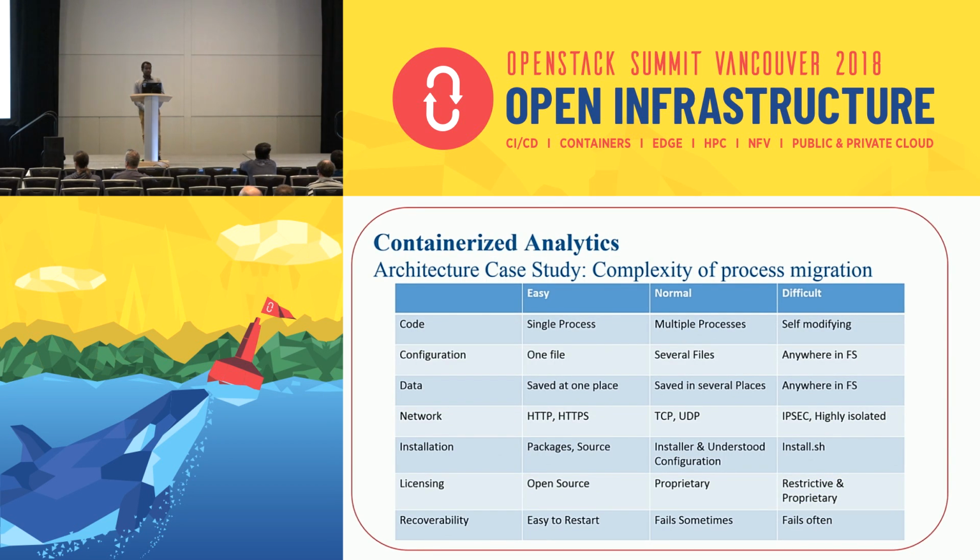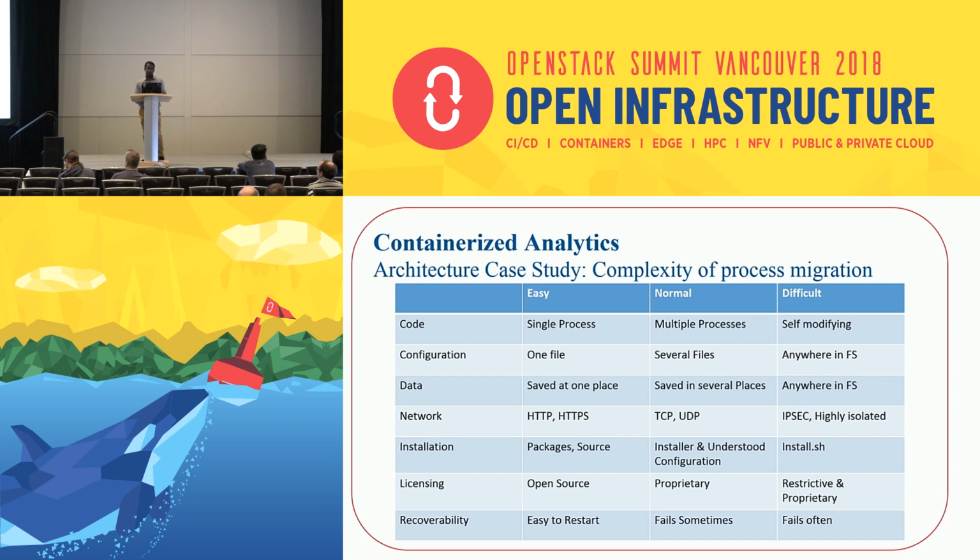So here is one of the analyses. You can see what we have to think about before migration to the container, from the non-containerized one. So code, and what about the parameters like code: it can be an easy one if the process is single and we are migrating.